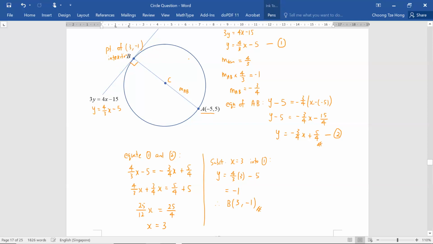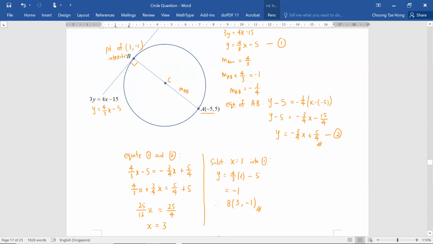Right, so we have drawn the diagram correctly because (3, -1) will be to the left of A, and then, actually, we've drawn it incorrectly, because you see (3, -1) should be to the right of A and then below. But it doesn't matter. Actually these 2 points should have been interchanged: A should be on top, B should be below.